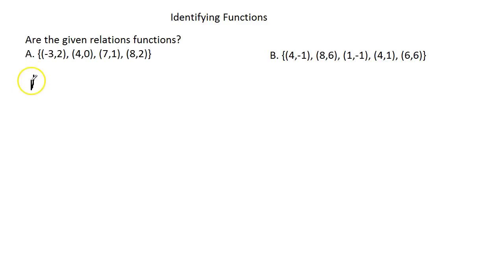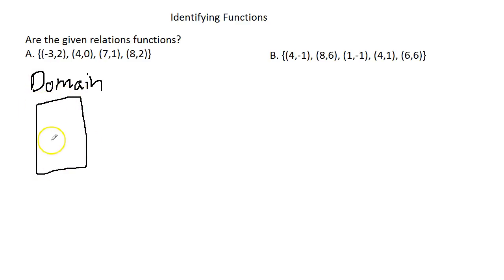So my inputs, also known as the domain, I am going to write in this rectangle. Okay, so I have -3, I have 4, 7, and 8.